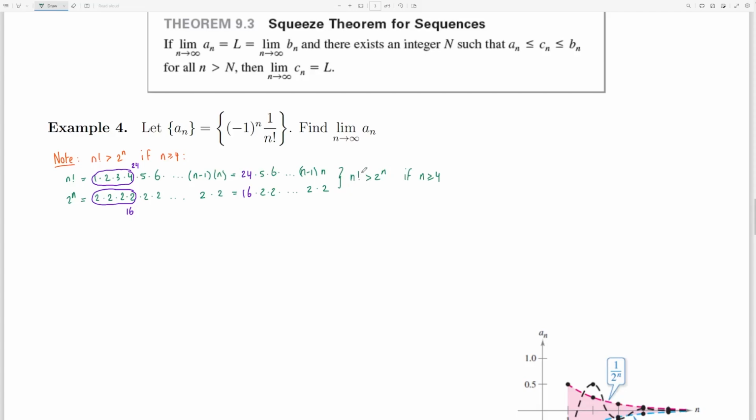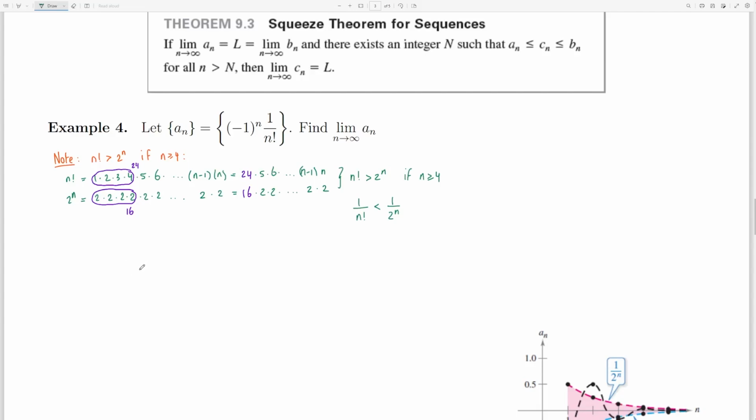Now, because n factorial is greater than 2 to the power n, when you take the reciprocal, 1 over n factorial is smaller than the reciprocal of 2 to the power n. So that is a conclusion that we can make, that 1 over n factorial is less than 1 over 2 to the power n.